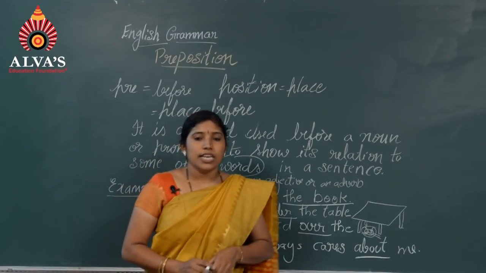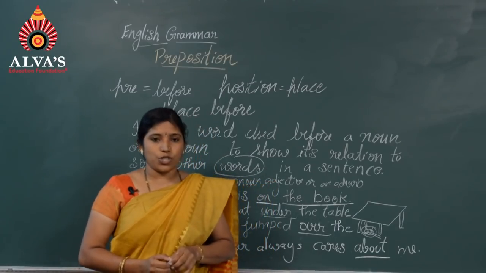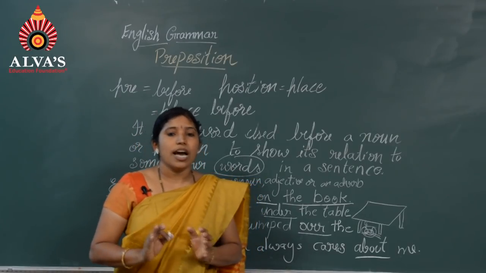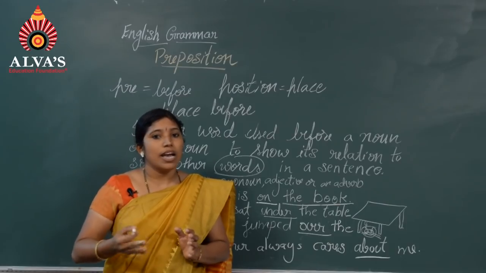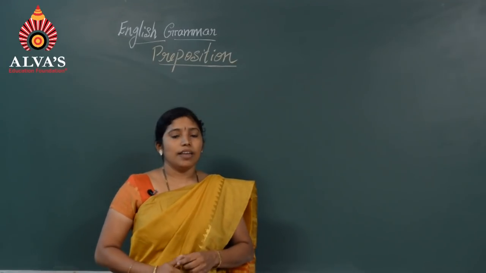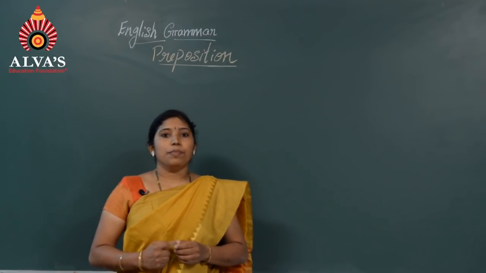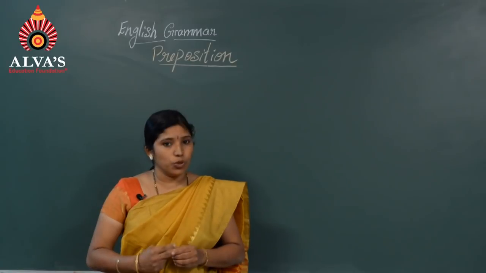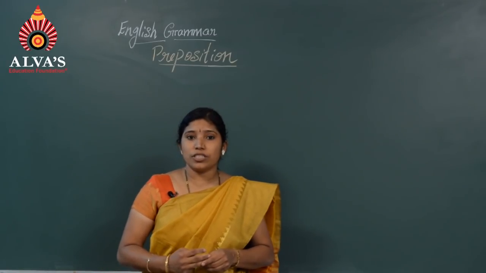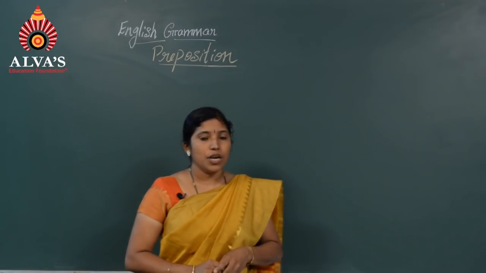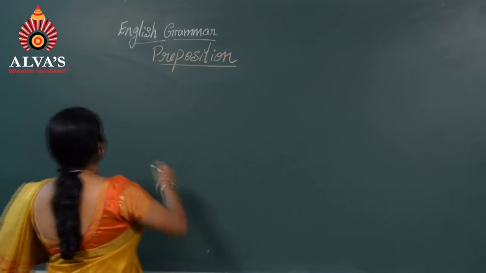In today's class, let us dive deeper into this topic. Broadly, all these prepositions are classified into various types according to their functions. They are preposition of time, preposition of place, prepositions of direction or movement, and prepositions for agent, instruments, machines and devices. Number 1, preposition of time.